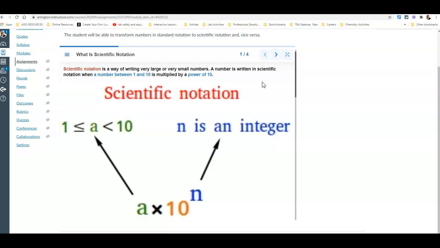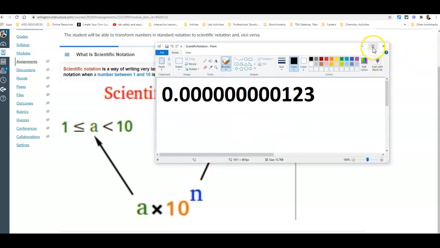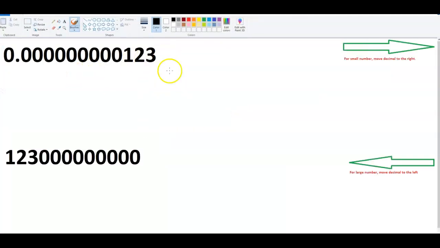So when you write scientific notation, you always use a number between 1 and 10 as a coefficient. And then you multiply that by a power of 10. What do we mean by that? Like the example I have here. The first one is a very small number.